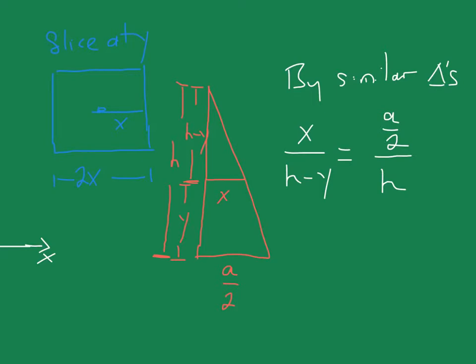All right, so x is to h minus y, that's what we wrote here, as a over 2 is to h. That's what we wrote here.